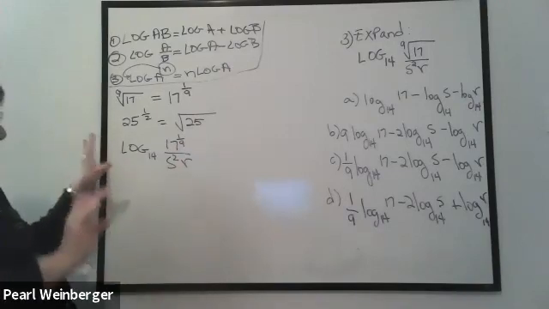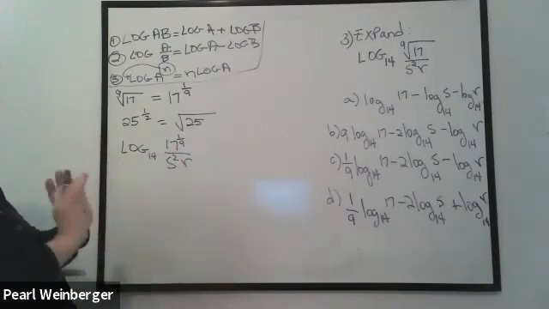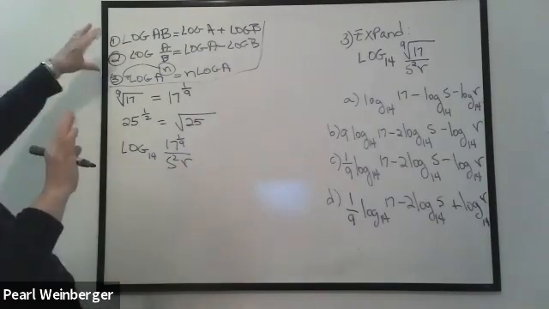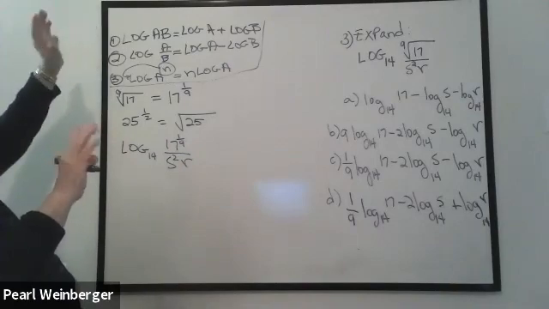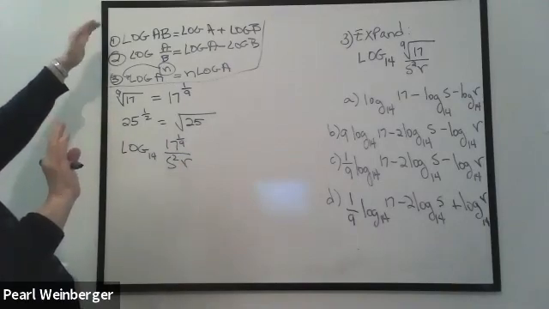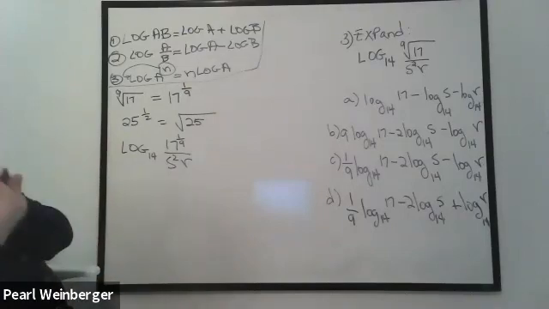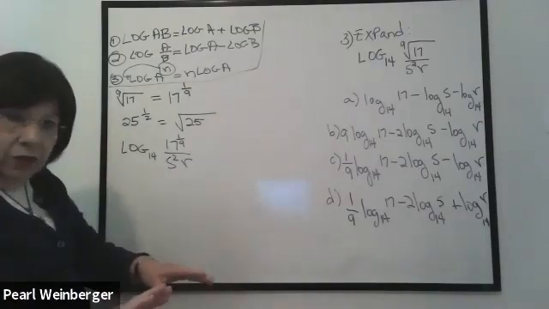So that's number one. Anytime you see a radical, change it to a fractional exponent. And now I'm going to use these rules. And the first rules I always look for are rules 1 and 2. Is there any multiplication? Then I'm going to change it to addition of logs.